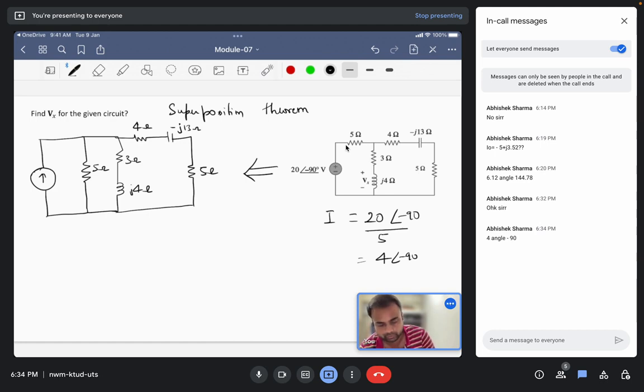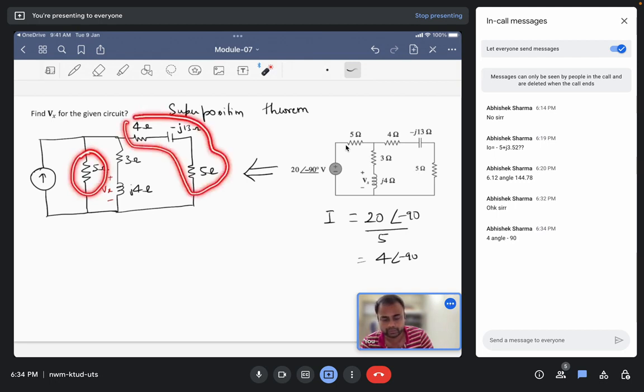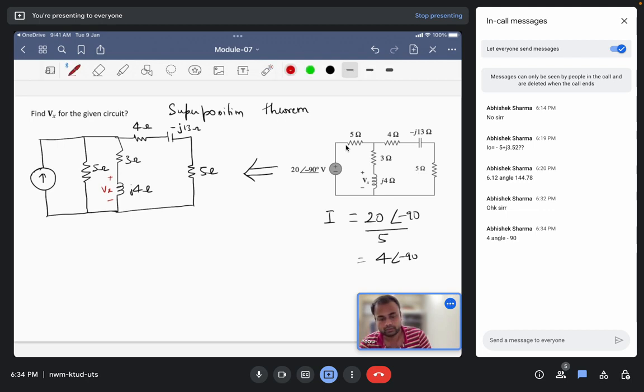Now we have to find the voltage drop across the J4 ohm inductor. So we have to find the voltage at this point, this voltage Vx. So this 5 ohm resistor and the other 3 components are in parallel. We can again simplify the circuit.